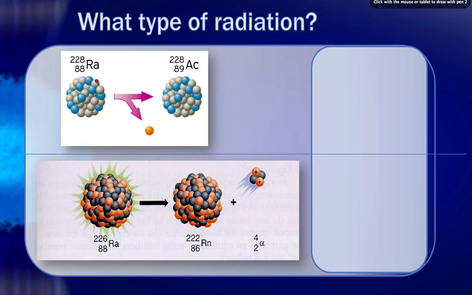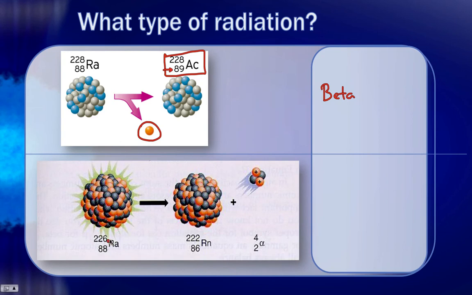We can see that something is given off here, and what we're left with is this nuclear symbol. We have a different element, actinium, and it has an atomic number of 89. So the atomic number has gone up by 1. Mass number stayed the same, and we have to think which type of radiation displays an increase in atomic number, and that would be beta radiation.